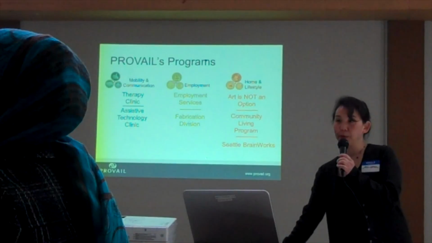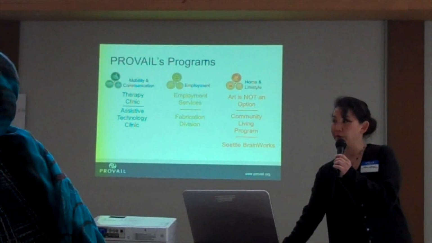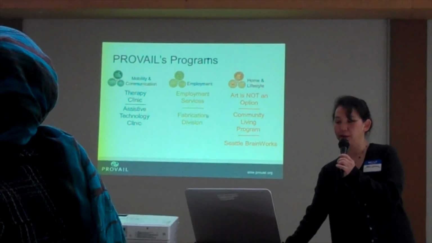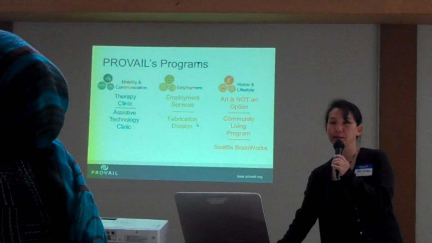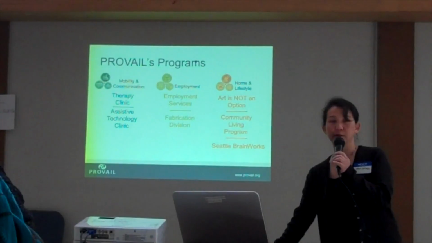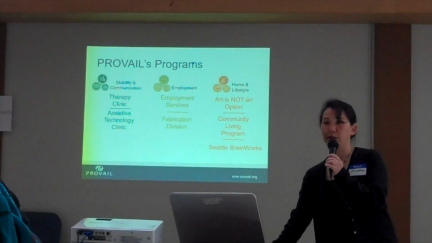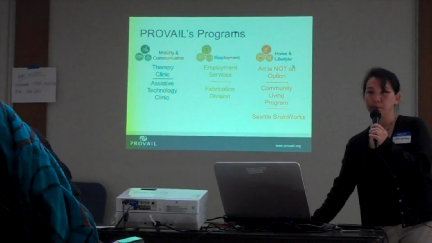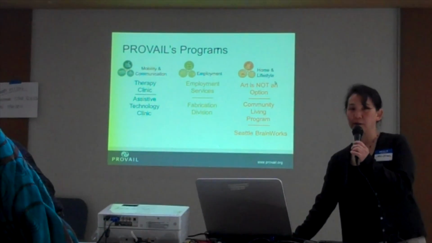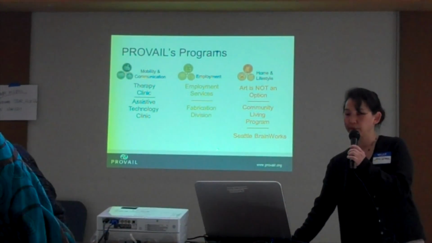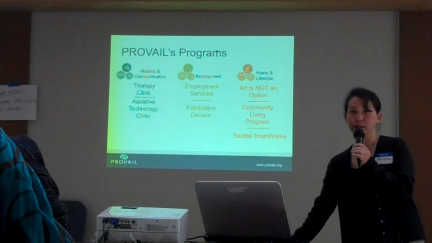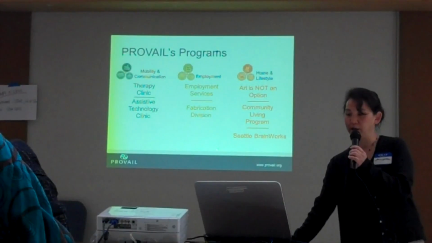So we have job coaches that help people find employment. We also have a fabrication division that makes parts, so people there are employed in our fabrication department. We also have a community living program. So we have houses that are staffed 24 hours a day, so people can move out of their home and live with other residents and still have the support they need.